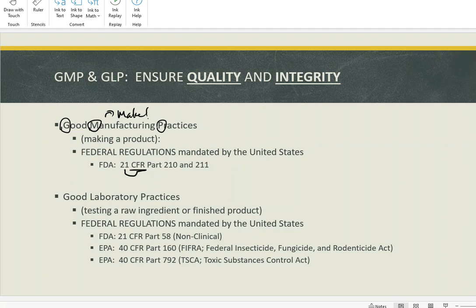Title 21 is where we've kind of always been working, right? We've never really ventured outside of Title 21. And there are two parts very particular to good manufacturing practices, Part 210 and Part 211. Those directly concern GMP, good manufacturing practices, or AKA make it.